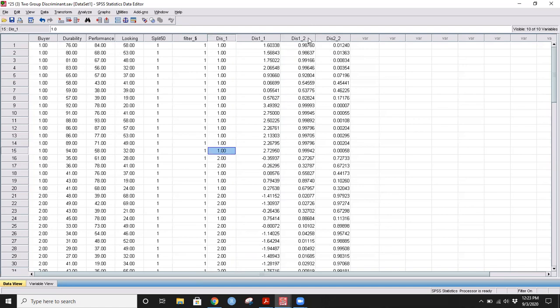Okay, now these are the probabilities. We asked SPSS to also tell us the probability. So this is the probability of membership of group 1, and this is the probability of membership of group 2. That means there is a 98.7% chance that the person will be in group 1, and only a 0.12% chance that the person will be in group 2.